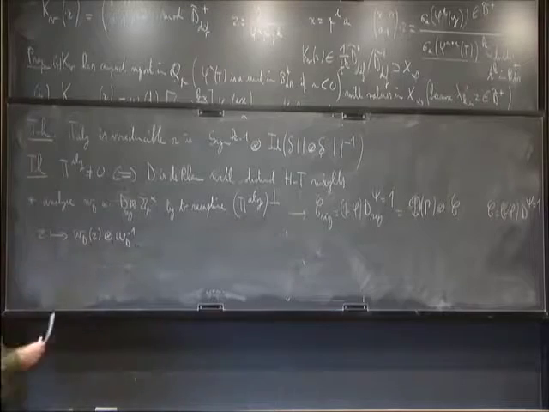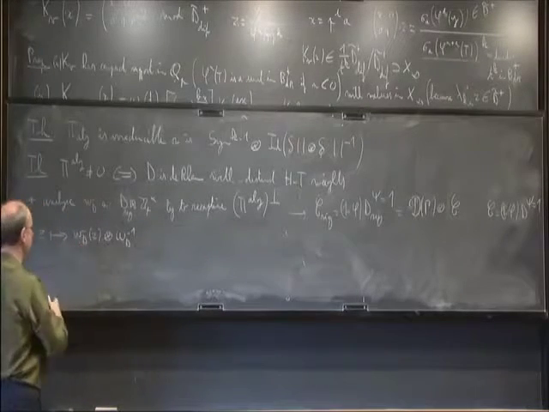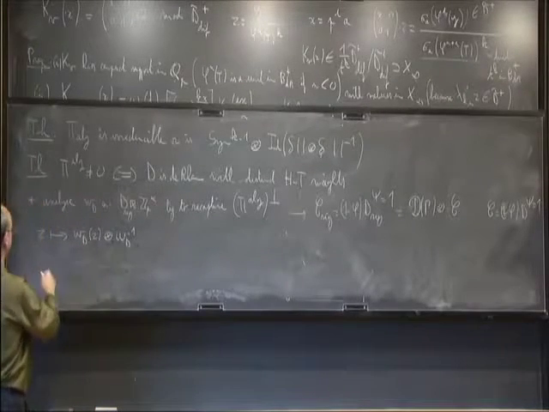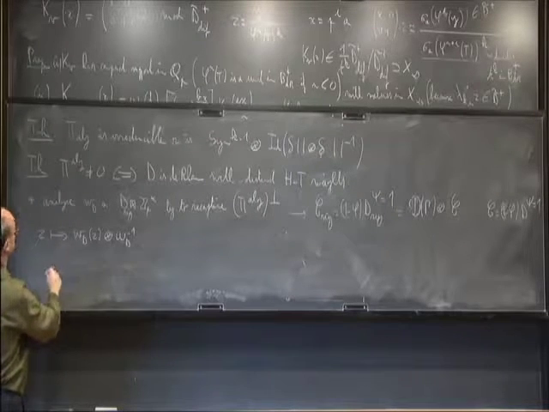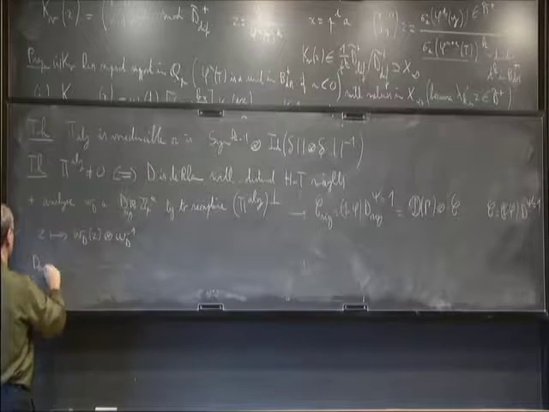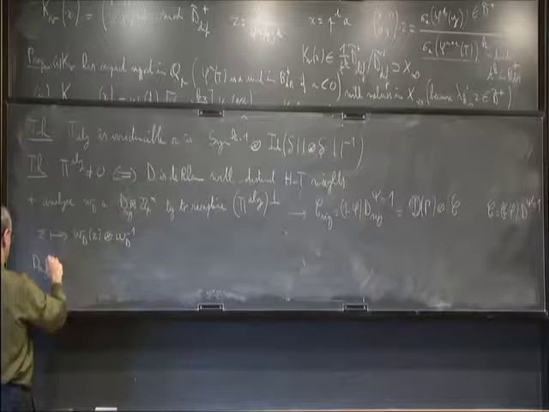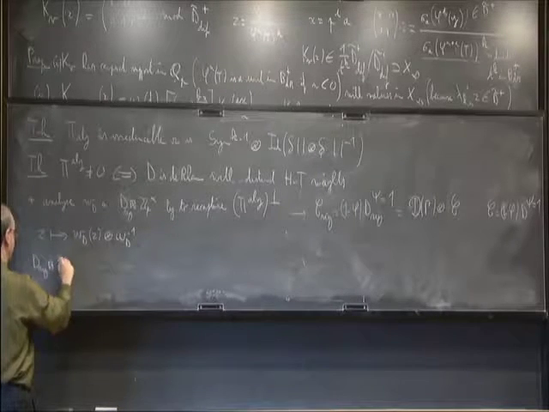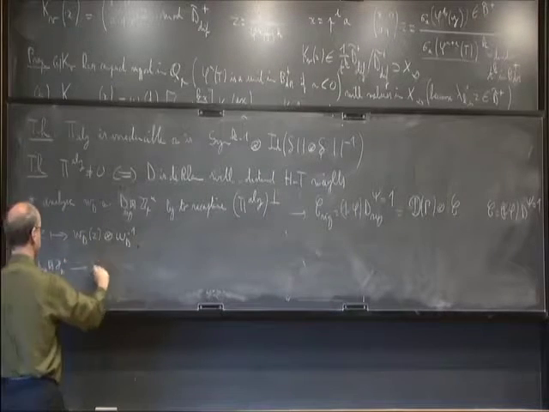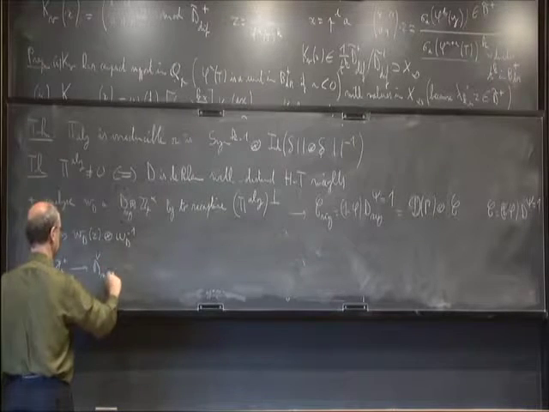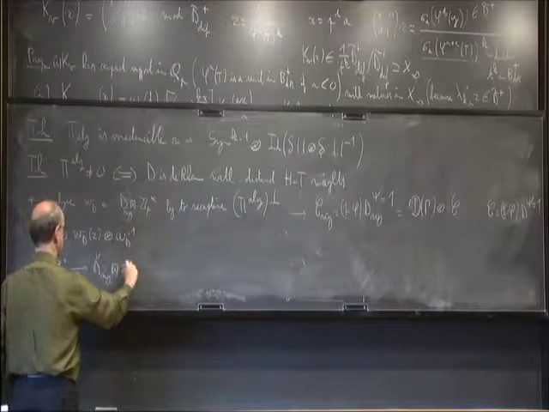So you get a well-defined map like this, which goes from D rig cross ZP star to D check rig cross ZP star.